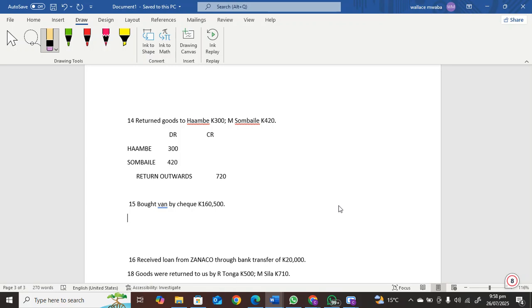Then if we apply the double entry rules, what are we debiting and what are we crediting?